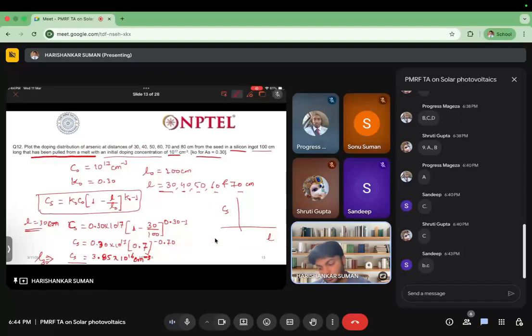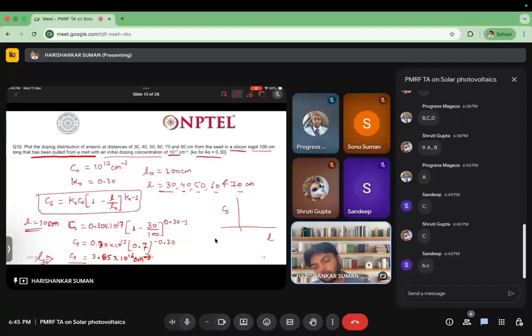This is the question. Okay, so we have to discuss this question. This is already solved, but let me give you how we can solve this kind of question. Plot the doping distribution of arsenic at distances 30, 40, 50, 60, 70 and 80 centimeters from the seed in the silicon ingot 100 centimeters long that has been pulled from the melt with the initial doping concentration 10 to the power 17 per cubic centimeter.